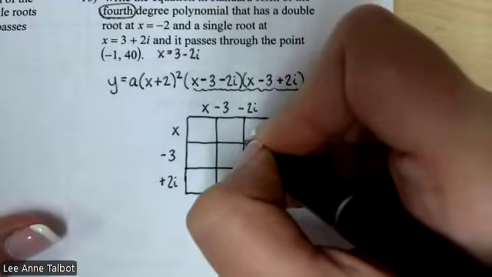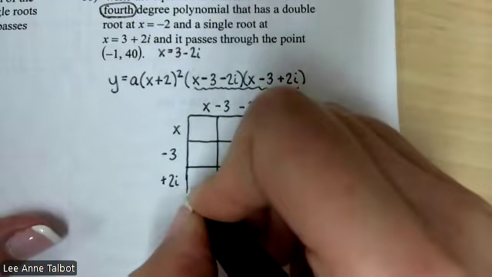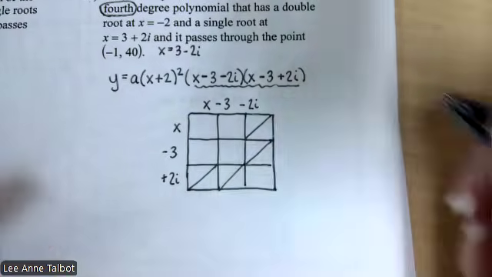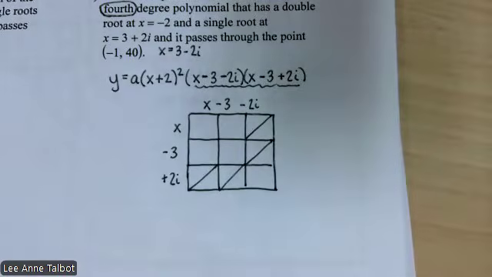When you do a 3 by 3 box with conjugates, you can skip all 4 of those and you don't need to find them. Just put lines through them.